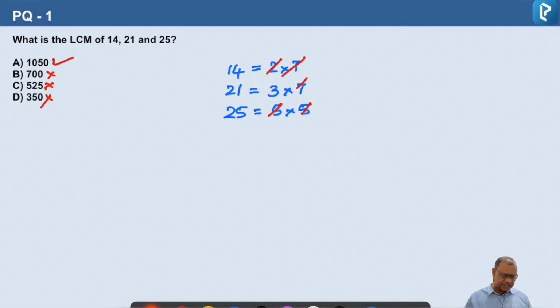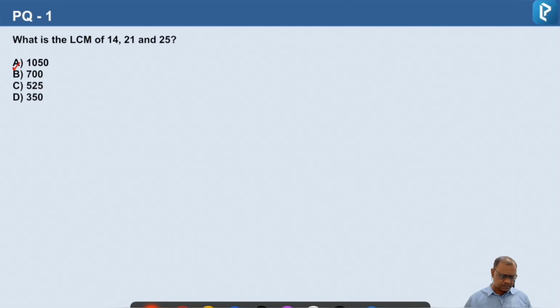So, it is divisible by 3. So, we should check with the divisibility rules. So, option A is divisible by all the 4 numbers 2, 3, 5 and 7. So, option A is the right answer. Or we can also use any one of the methods which we have seen in the concept explanations.